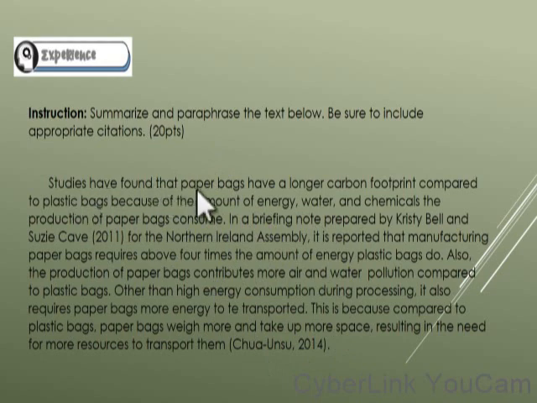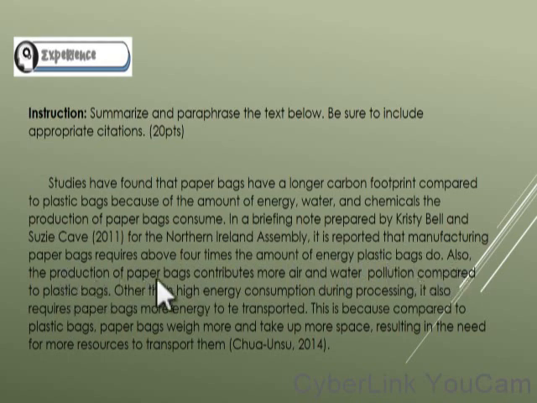Studies have found that paper bags have a longer carbon footprint compared to plastic bags because of the amount of energy, water, and chemicals the production of paper bags consumes. In a briefing note prepared by Christabel and Susie Cave, 2011, for the Northern Ireland Assembly, it is reported that manufacturing paper bags requires about 4 times the amount of energy plastic bags do.